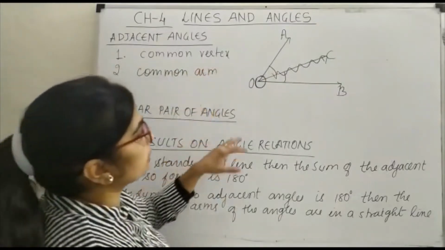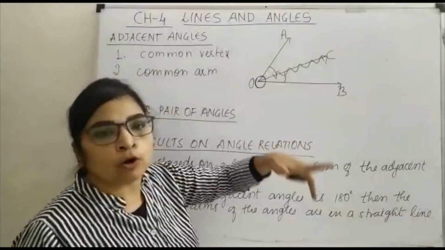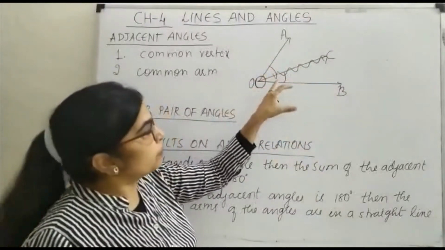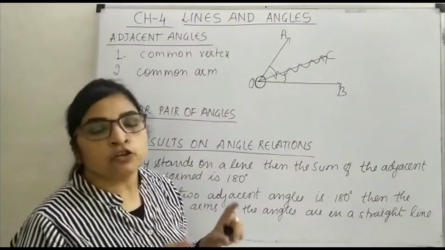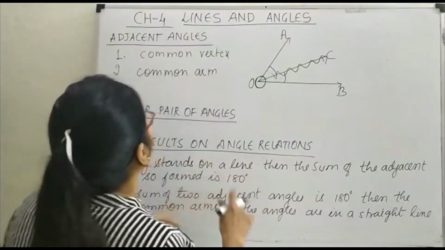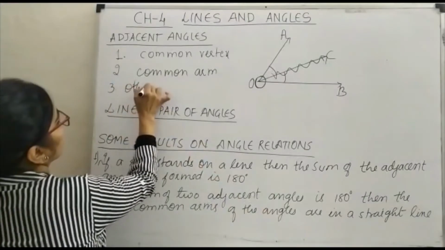Now you can see here OA and OB are non-common arms for these two angles and they lie on the opposite side of the common arm. So the third point is the other two sides should lie on the opposite side of the common arm.